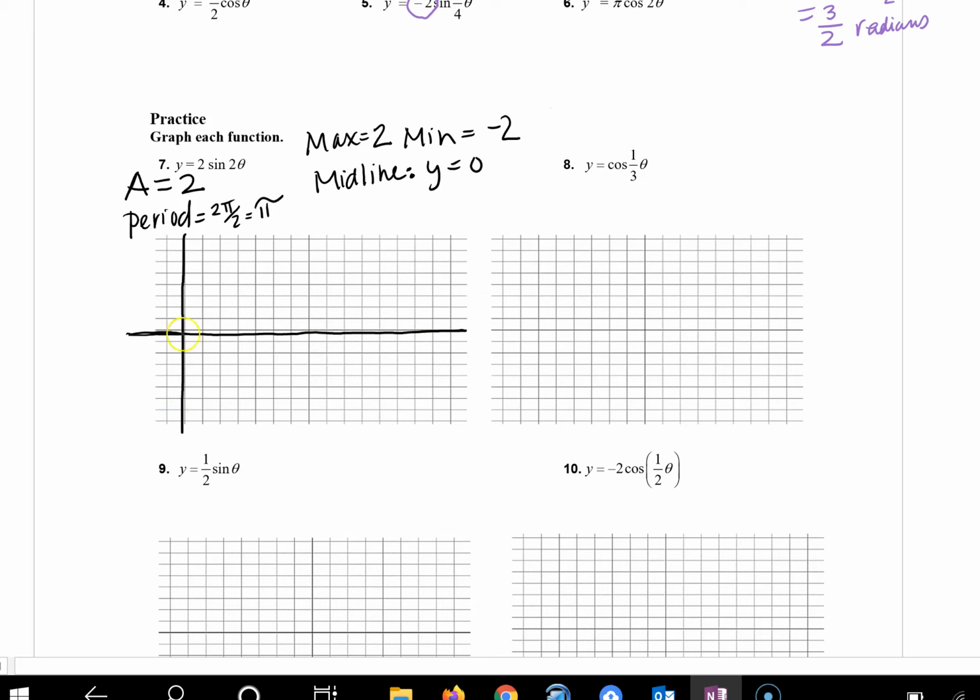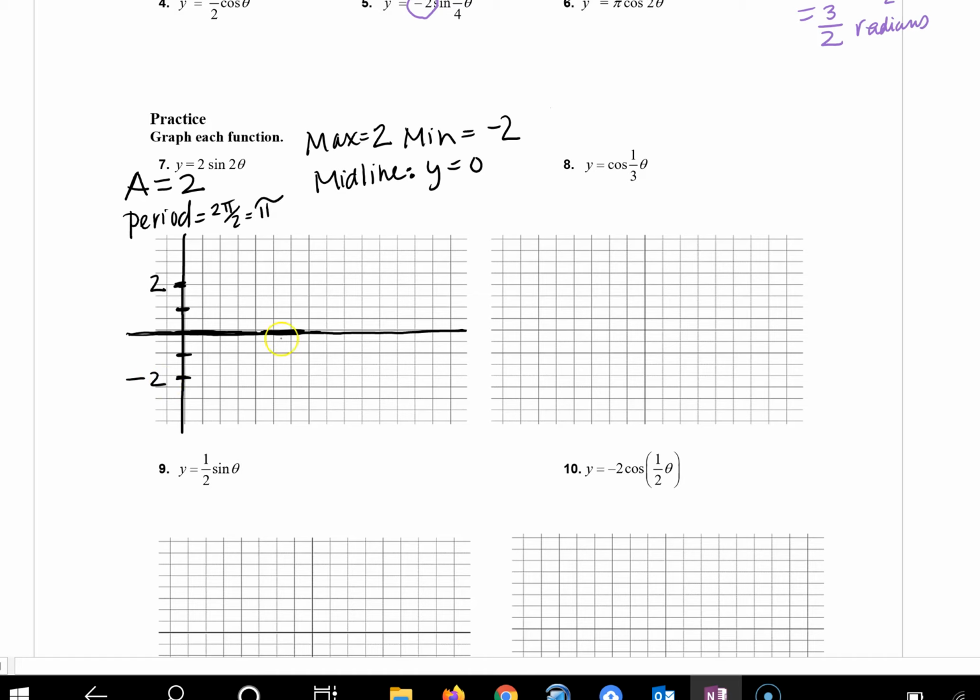Sorry, it's supposed to be on this line. Kind of make it a little bit thicker. Okay, so because my max and my min are 2 and negative 2, that tells me I only have to label up to 2 on the y-axis and down to negative 2 on the y-axis.